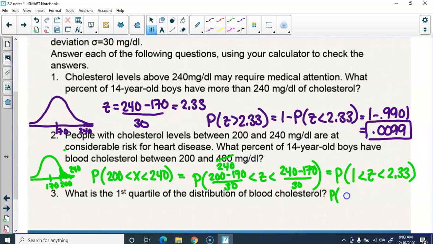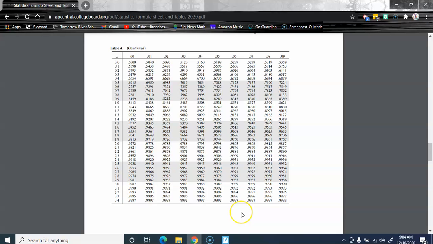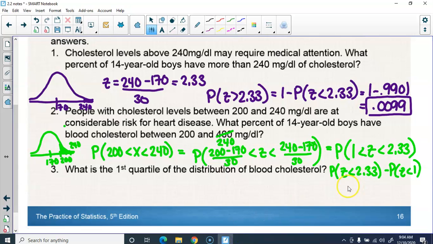So I'm going to find the probability less than 2.33 and subtract the probability of z less than 1. If we remember how to, we do the area of the bigger one minus the area of the smaller one. So 2.33 we just found was 0.9901.